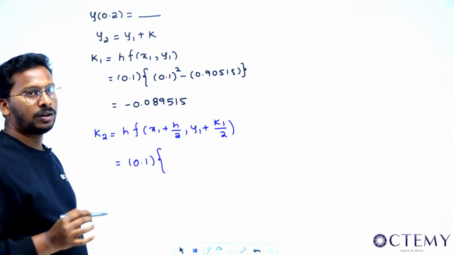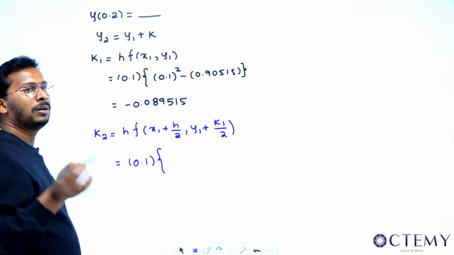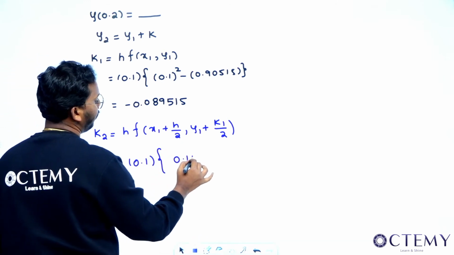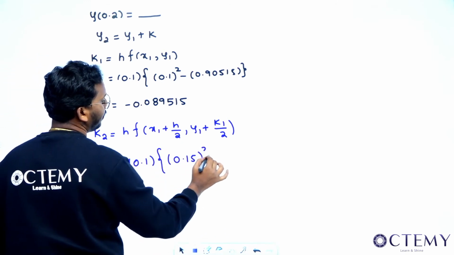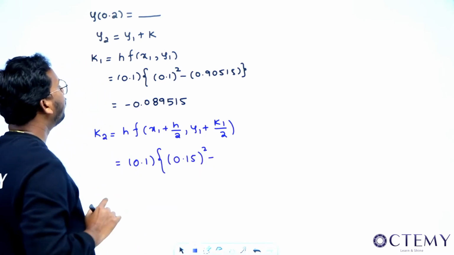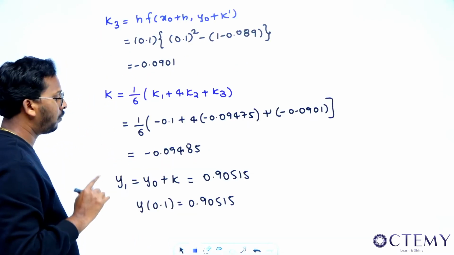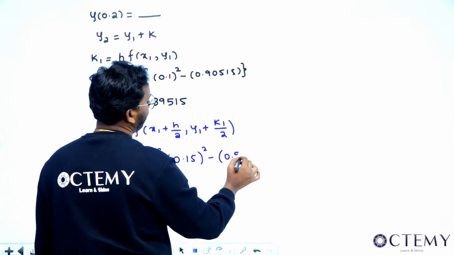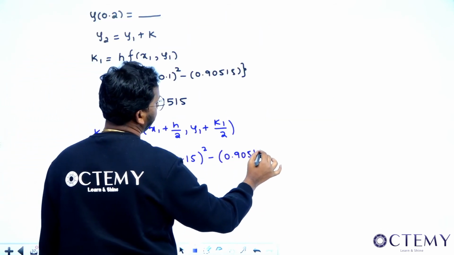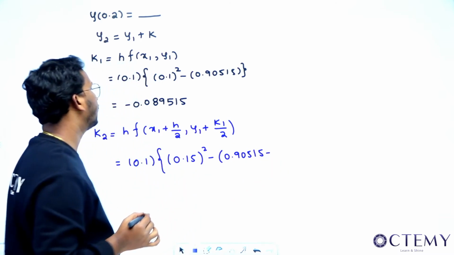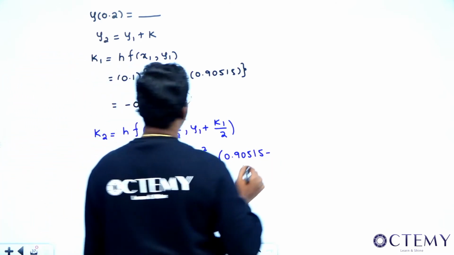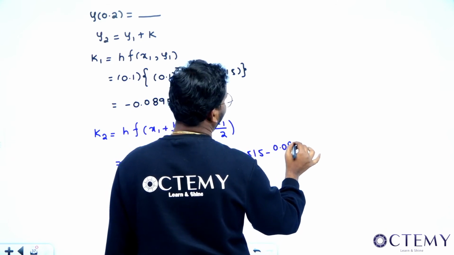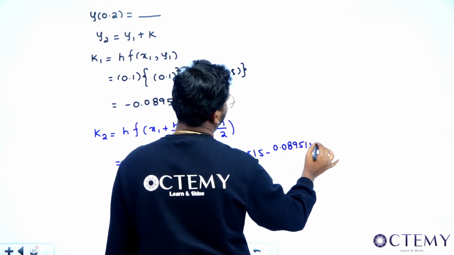That is 0.1, so 0.1 plus 0.05, 0.15 square, minus y1, which is 0.90515, minus this k1 by 2, so minus 0.08915 divided by 2.